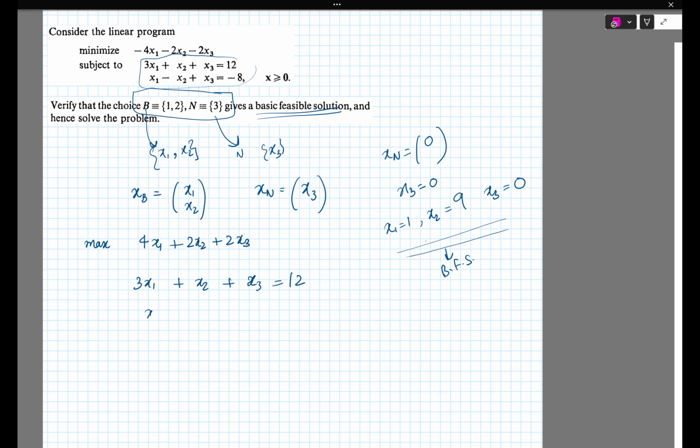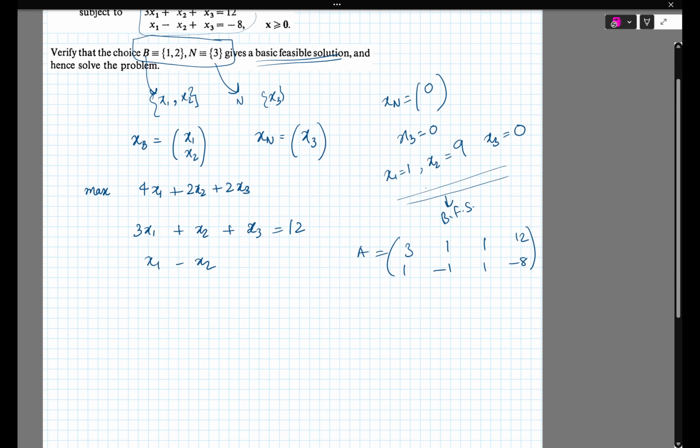Basically you have this matrix [3 1 1; 1 -1 1] with right-hand side 12. So I can just transform it so that we get the identity form.